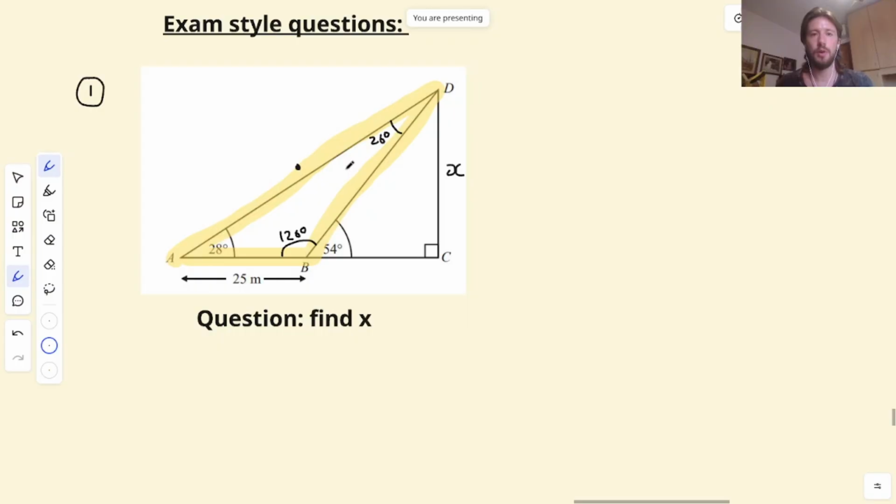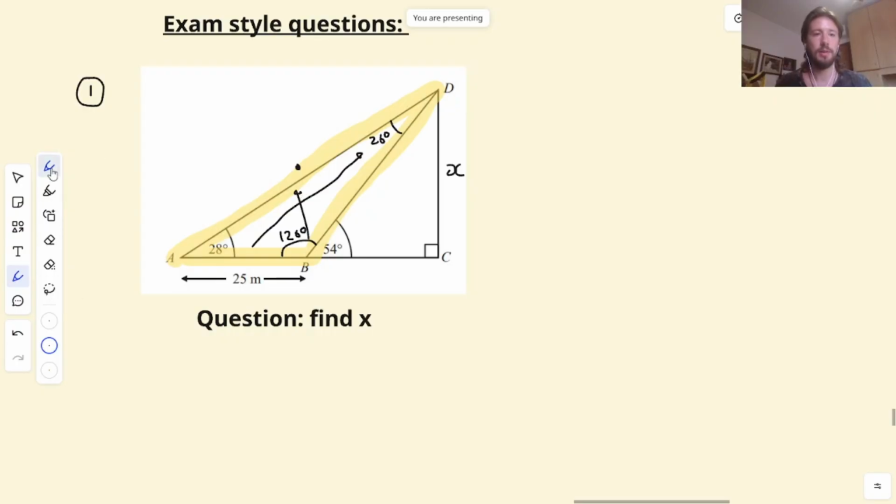Now we can use one of our rules, either the cosine or sine rule. In this case, the sine rule will be easier, because we have a side and we have an opposite angle. And we have this angle here, and that's the side that we want to find.